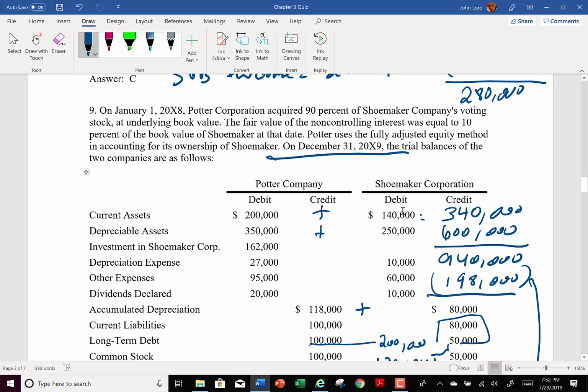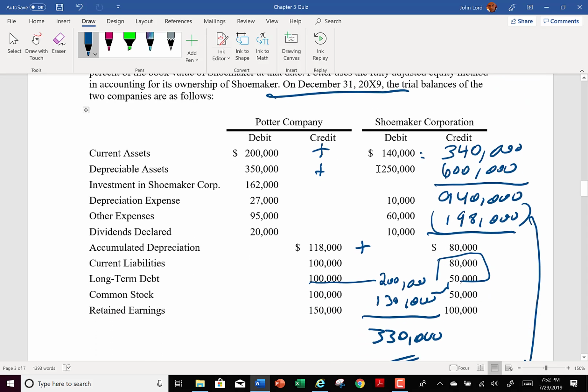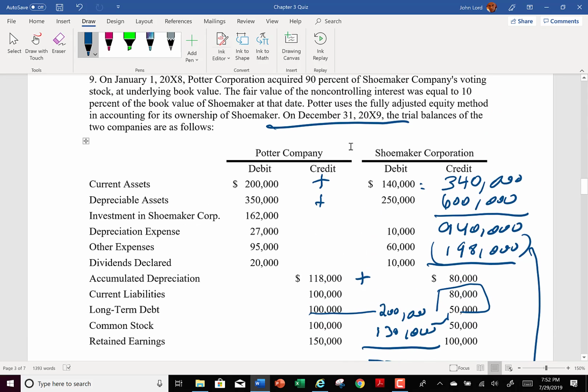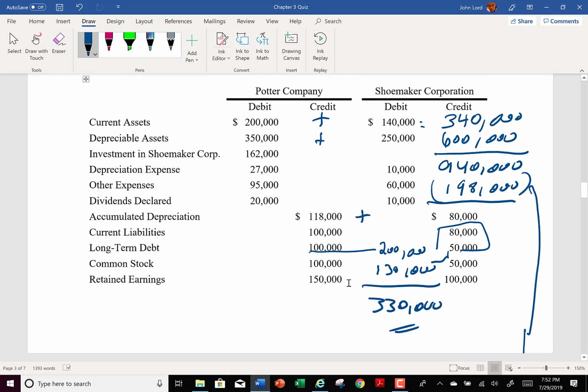I'm going to pick up the retained earnings, and the beginning retained earnings was what? 150,000, because they're showing me the trial balance for the two companies as follows. So I've got retained earnings of 150 as the beginning? Yes. Okay. Since this is a trial balance, it's before I've done all my closing entries, right?